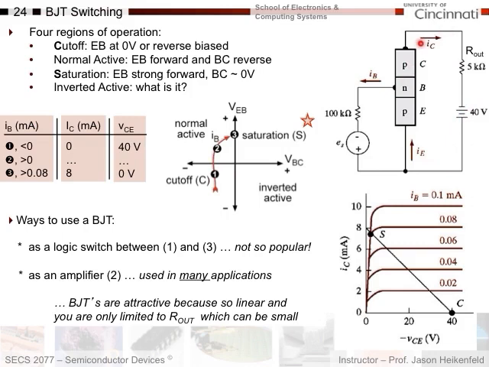Now, if I keep increasing my emitter base voltage, that means I'm more strongly forward biasing this. If I'm more strongly forward biasing this, I'm increasing the base current, right? And so if I increase the base current, eventually we said that we will get to saturation, where all the voltage drop will transfer to the output resistance, meaning the resistance of this disappears, and so I end up with 40 volts across here, and no voltage drop across the BJT.